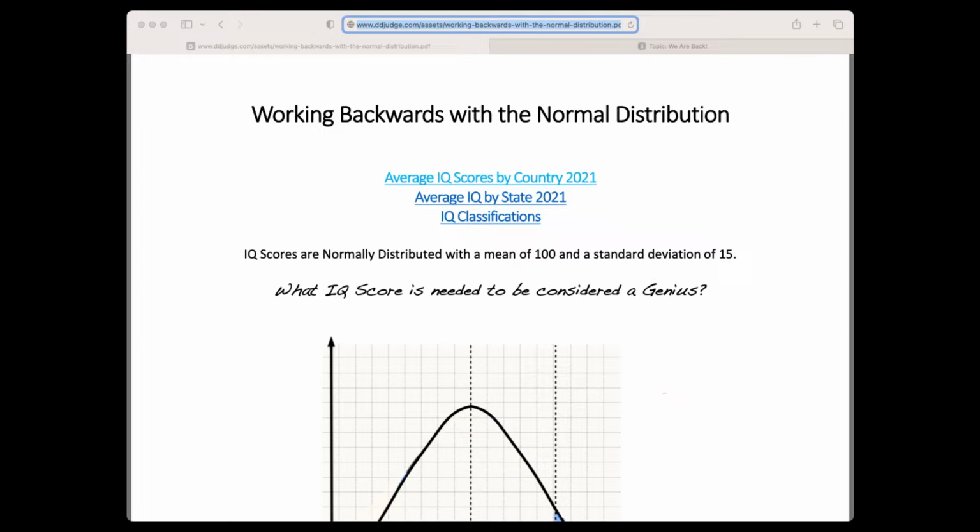I'm going to go to my own website and download the working backwards with the normal distribution. We just have to learn a few concepts and ideas about how to work backwards, and you're going to see it to be easy.